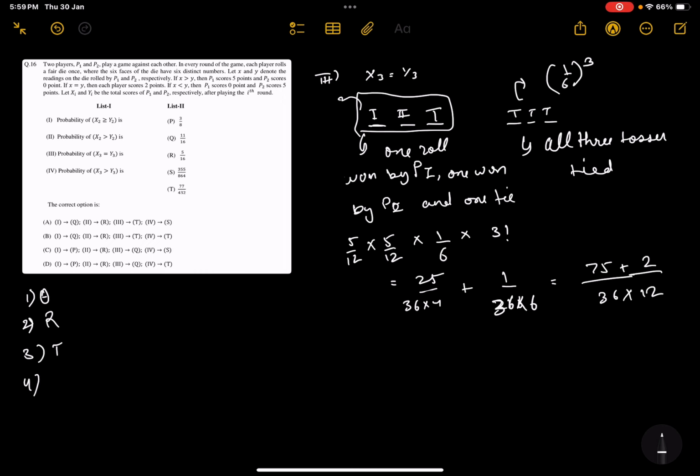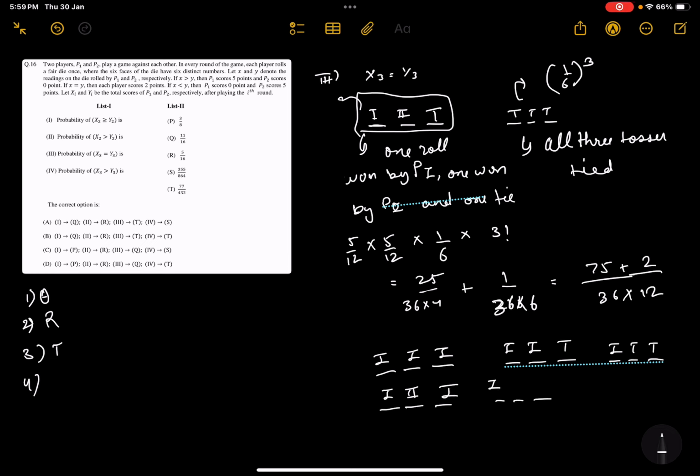So the probability of X3 greater than Y3. X3 will be greater than Y3 if all 3 are won by player 1, or 2 are won and 1 is tied, or we have 1 won and 2 ties, or we have one roll won by player 1, one won by player 2, and one tie.